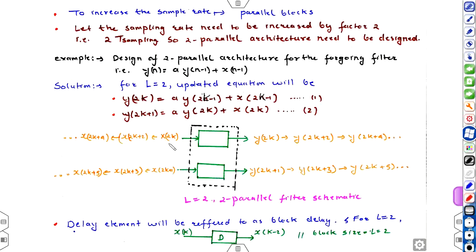So these two samples, x(2k) and x(2k plus 1), are being processed at the same time, and the corresponding outputs, y(2k) and y(2k plus 1), are being generated at the same time.